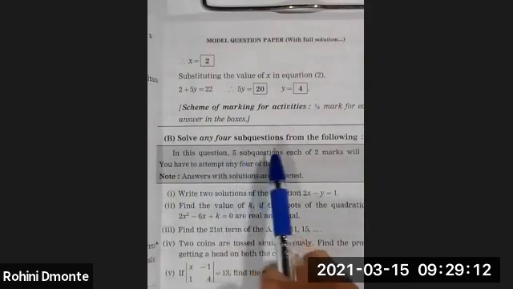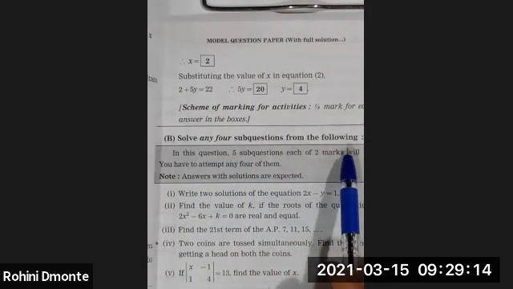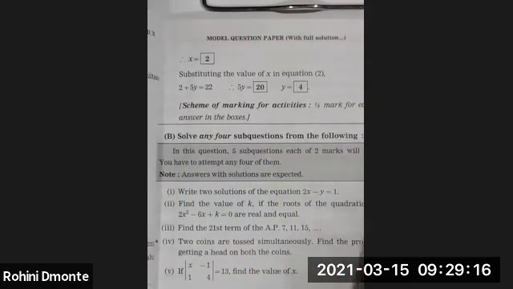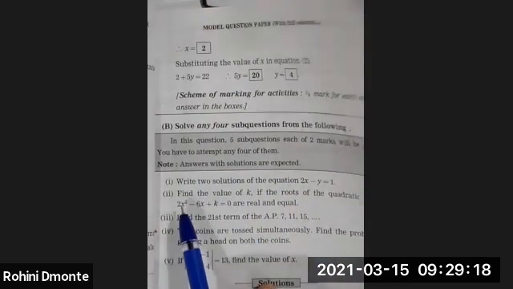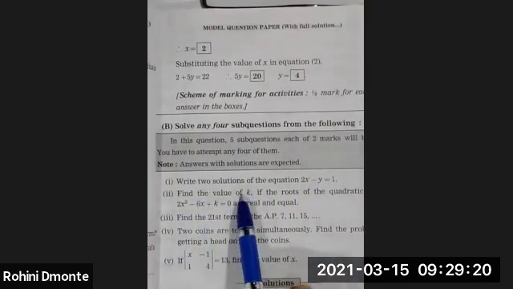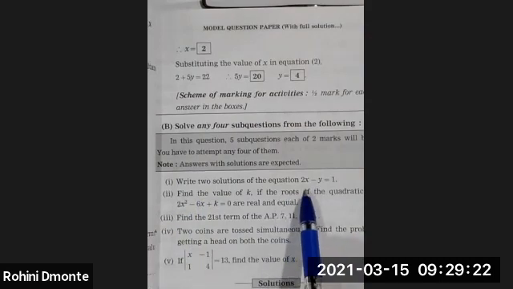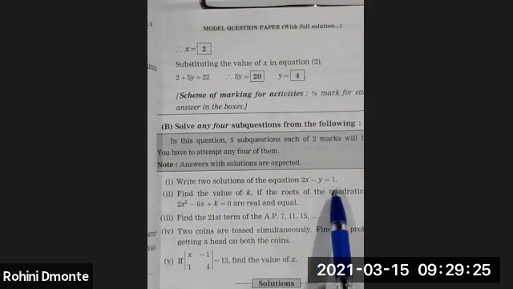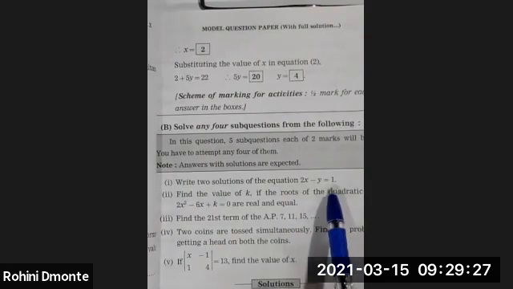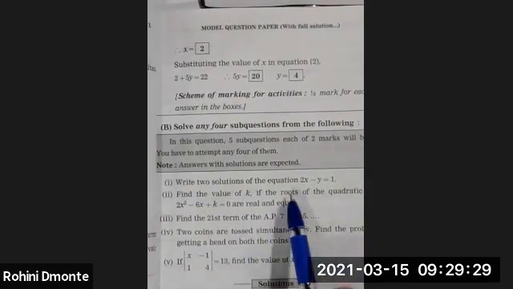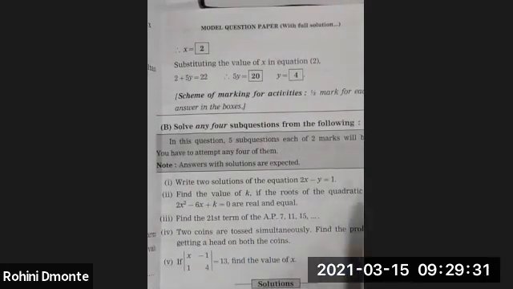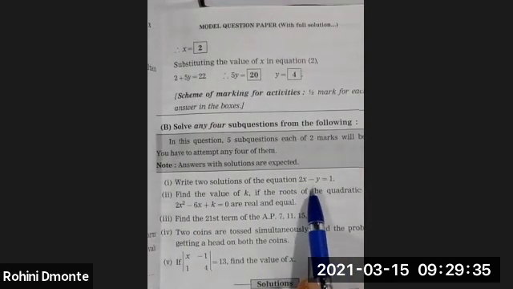Solve any 4 sub questions from the following. Now let us move to the first one. Write 2 solutions of the equation 2x minus y is equal to 1. Look here, you have to write any 2 solutions of the equation. This is an open-ended question. You can take any value of x.